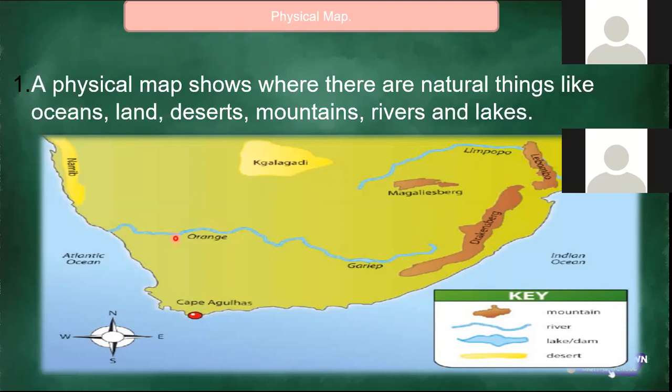It shows mountains, rivers, lakes, dams, oceans and desert. You should remember this. This is a physical map showing natural things, things that have been made by God, not people. Okay, moving on.